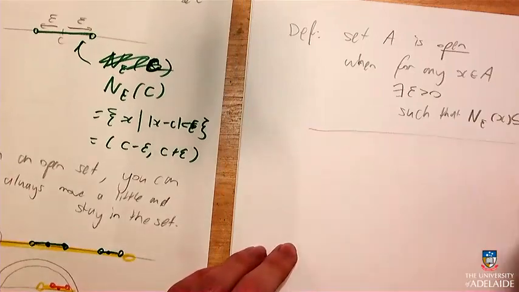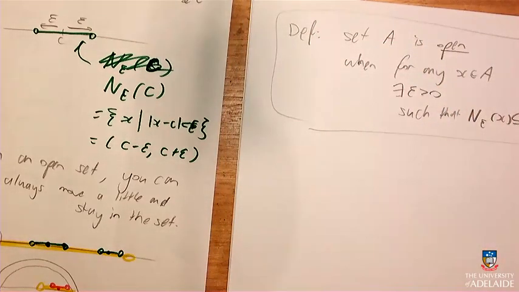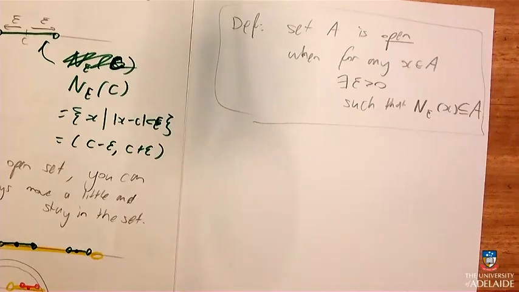I'm just going to check that's what it says on this piece of paper. Yeah, good enough. So there only has to be one epsilon for that to work. Each x only needs one epsilon. What that basically means is that an open set is made by layering on top of each other a whole lot of open intervals.